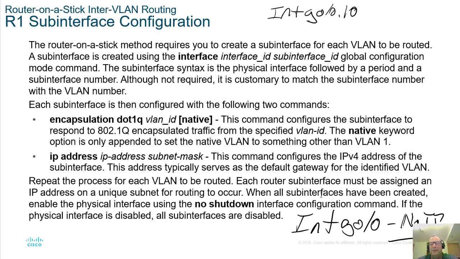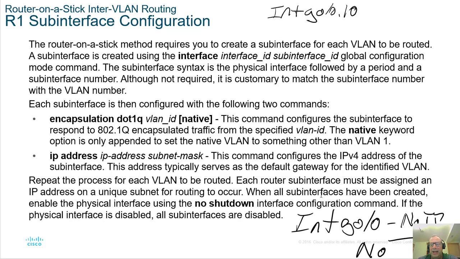No IP on the main interface if you're going to do a sub-interface, but you can go there and do a no shut, and that'll kick all your sub-interfaces up straight away. So go to the main interface, do a no shutdown, then do a sub-interface, put an IP address on it, an encapsulation line, and you're off to the races.